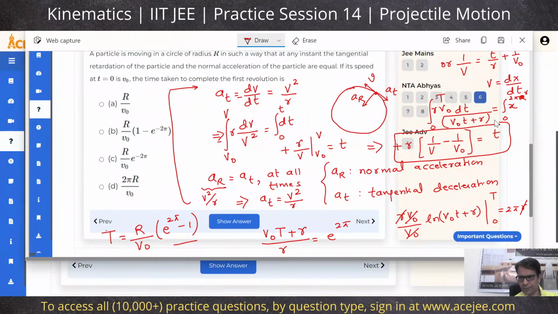And the speed is dx by dt, instantaneous speed, instantaneous velocity, dx by dt. So we integrated that, right?